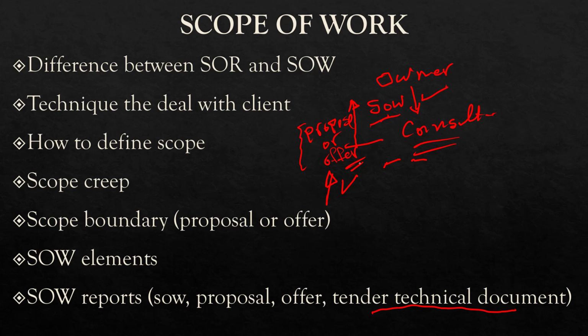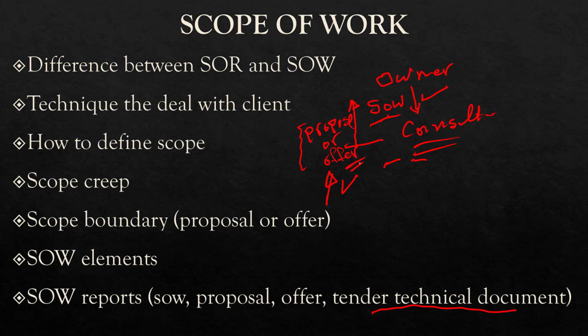Then for the write-up, we discuss what you will say and what you will not say, what you state and what you will not state, because every word has its own effect while running the project. So take care about the wording when implementing the scope of work or your proposal and offer.